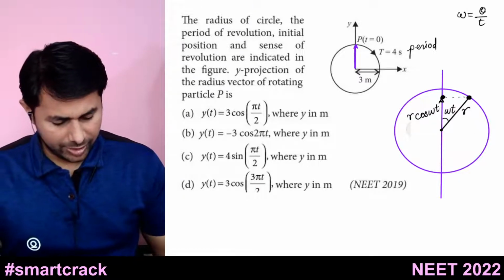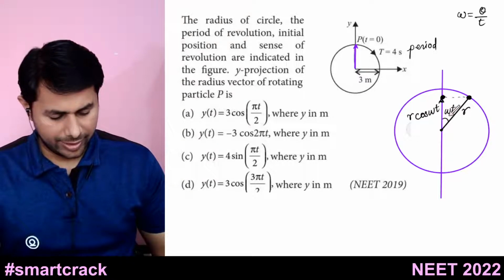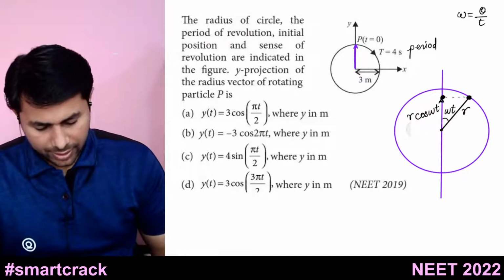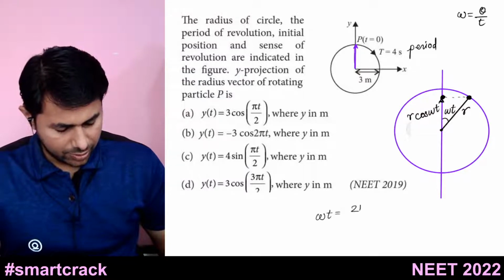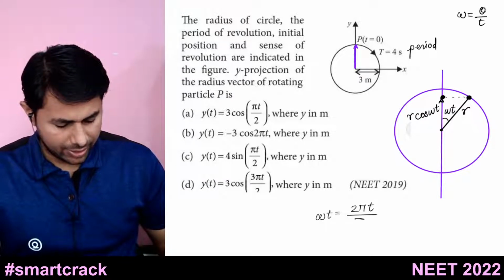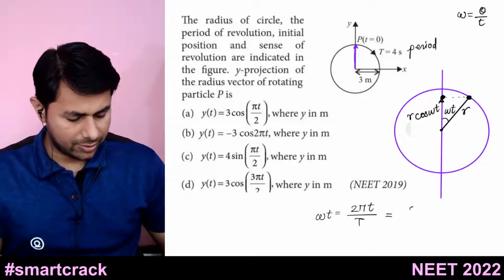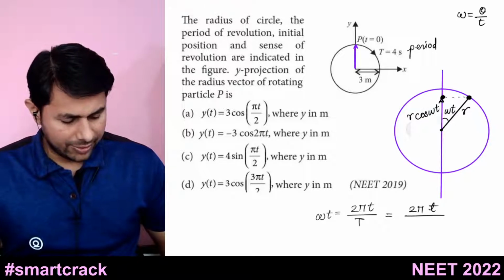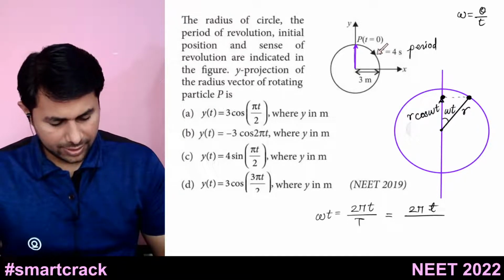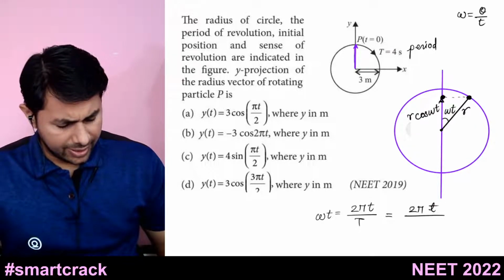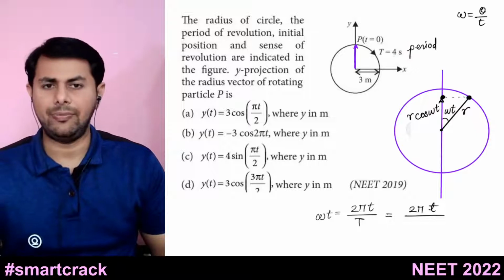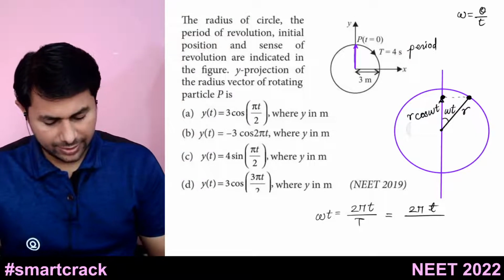For that we have to find omega. Omega t equals 2 pi t upon capital T. The time period is 4, so let's substitute that.